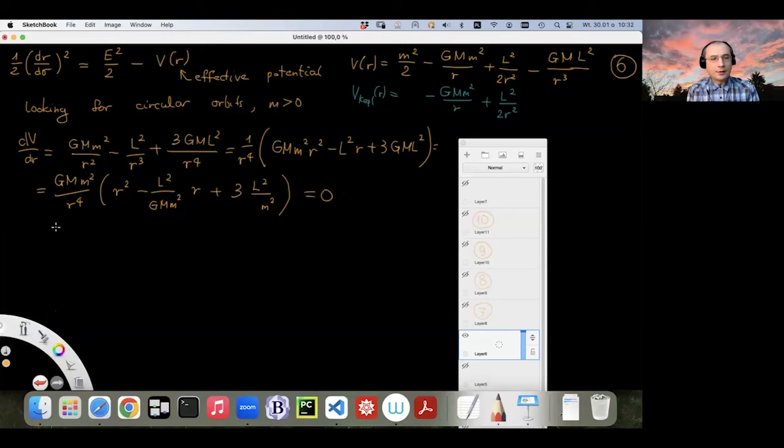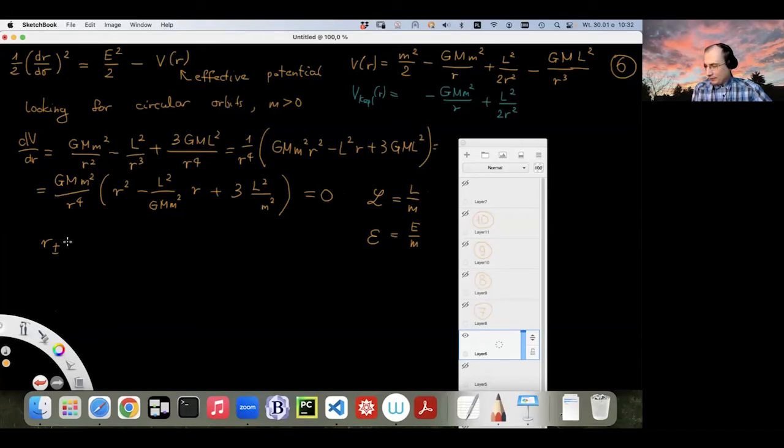This is a quadratic equation. And the solutions are, so let's introduce L equals L over m, the angular momentum per unit mass, and E equals E over m, energy per unit mass.